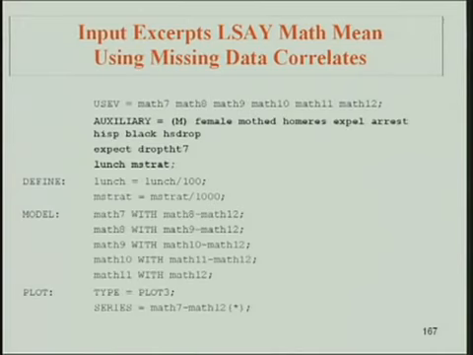Gender, mother's education, home resource, being expelled from school, having been arrested, Hispanic, black, dropping out of high school, schooling expectations in grade 7, thoughts of dropping out in grade 7, lunch, which is a poverty index on the school level, and quality of teachers. Let's bring in that whole swoop of variables as auxiliaries.